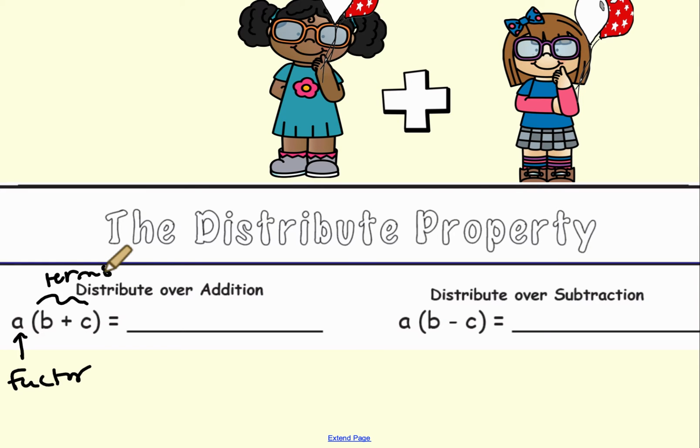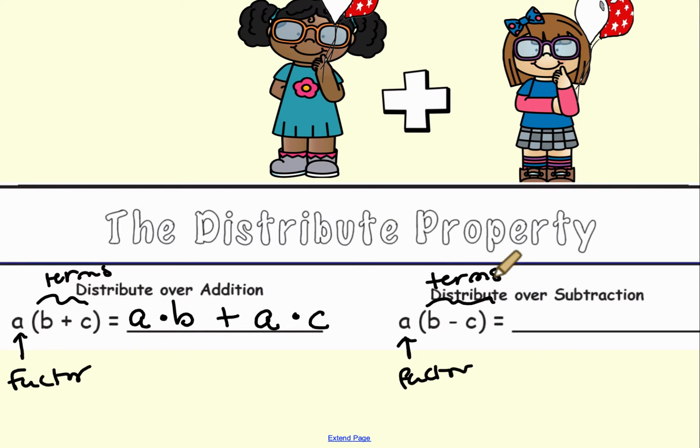So any factor that's getting multiplied by the sum of two terms is equal to that factor times the first term plus the same factor times the second term. And anytime we have a factor that's getting multiplied by two terms, which we're taking the difference of, it's the factor times the first term minus that same factor times the second term.